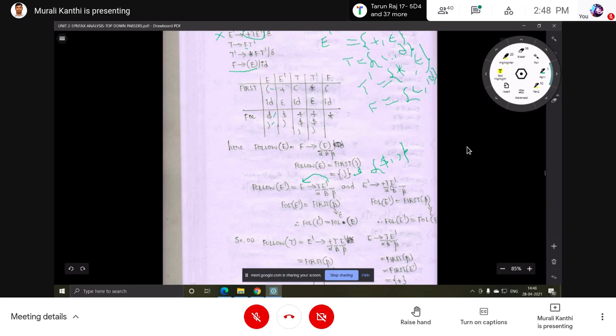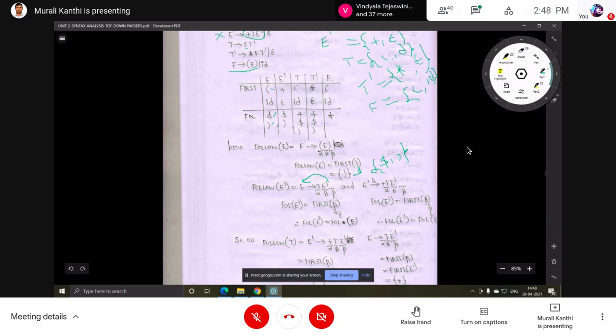One more, the same thing here: B is E dash and beta is epsilon, so we take the follow of E dash.